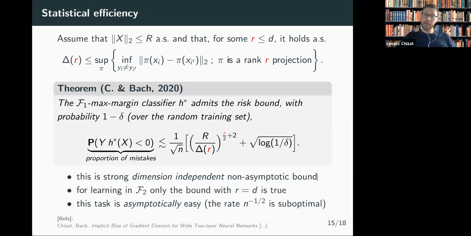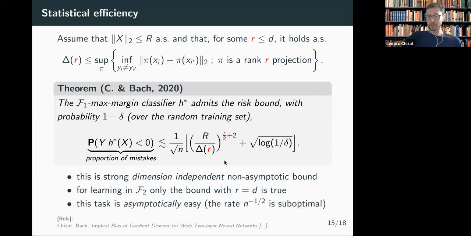So under such a separability assumption between our data, we can show that the F1 max margin classifier will have a proportion of mistakes which decreases as 1 over square root of n, so this is a classical rate, multiplied by this difficulty of the problem to the power r over 2. And what's important here is that we have an exponential dependency, but only in r, which is the intrinsic dimension of the problem, and not on d, which is the actual ambient dimension.